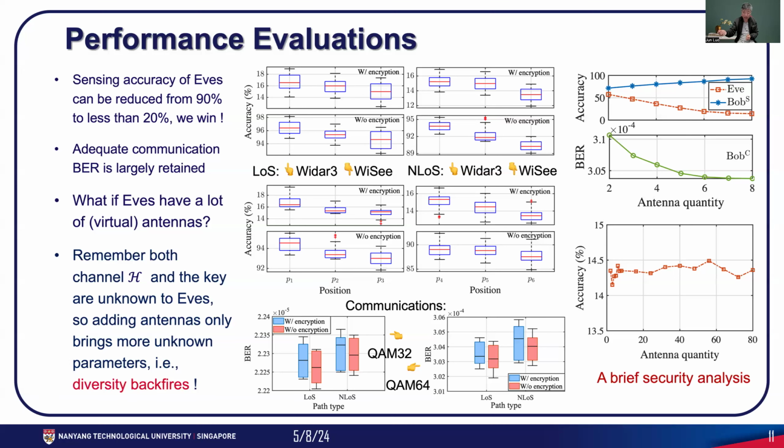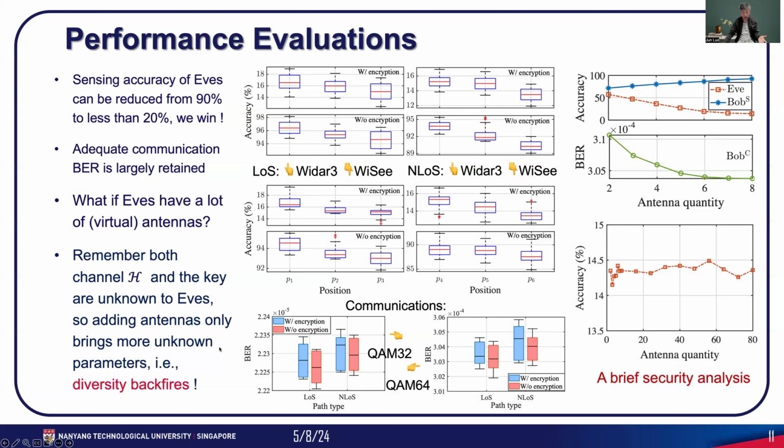Now you add another antenna, and you actually create a new pair of unknown parameters. You don't know the key, you don't know the channel; you add a new antenna, you create a new channel. So whenever you add an antenna, the number of unknowns increases at the same time, actually doubling.